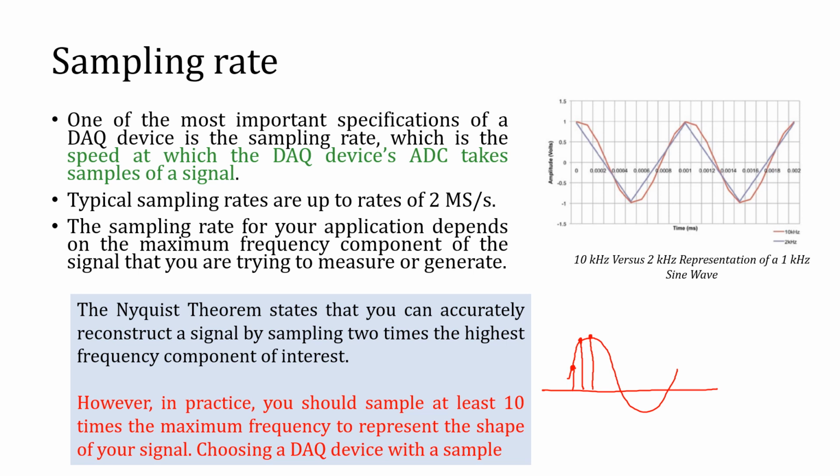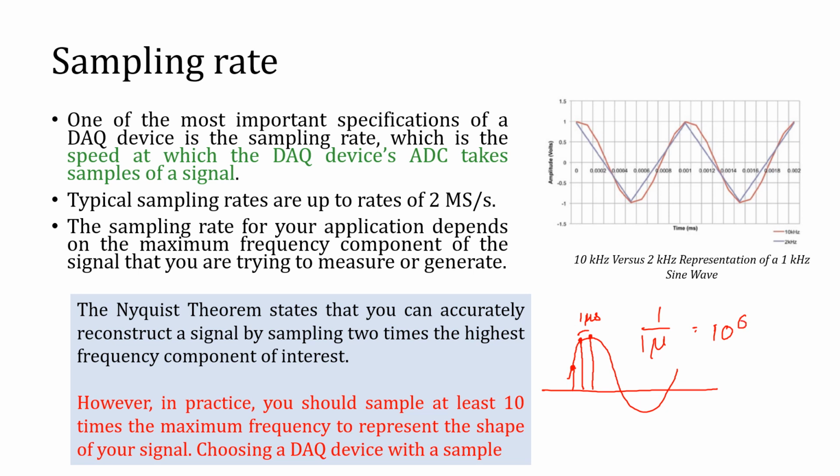So sampling rate means after how much time it takes the next sample. In this case I have taken it as 1 microsecond. So it means in 1 second it can sample up to 10 raised to power 6, that is 1 upon 1 micro. Okay, so it will become 10 raised to power 6.